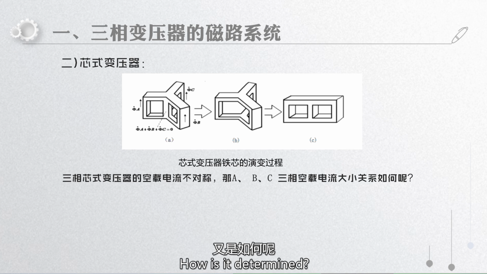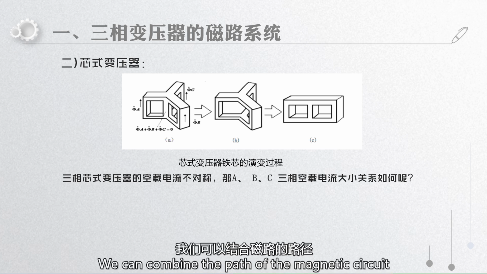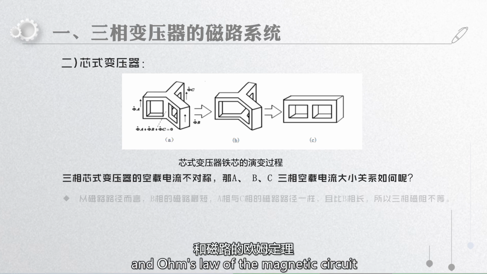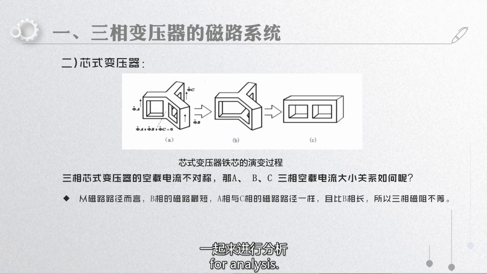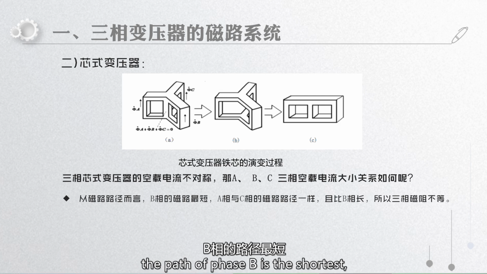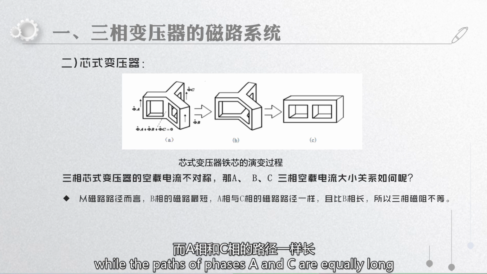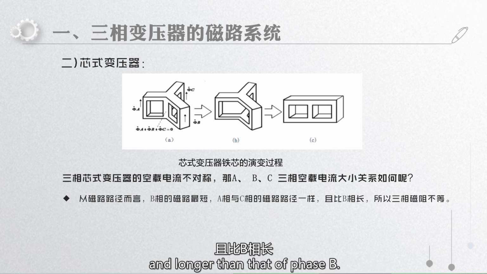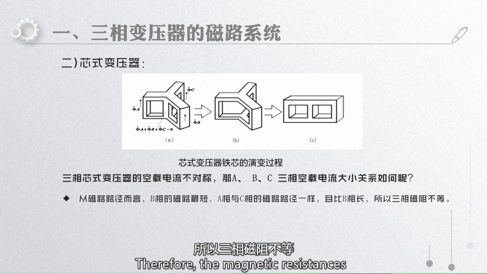How is it determined? We can combine the paths of the magnetic circuit and Ohm's law of the magnetic circuit for analysis. From the paths of the magnetic circuit, the path of phase B is the shortest, while the paths of phases A and C are equally long, and longer than that of phase B. Therefore, the magnetic resistances of the three phases are not equal.